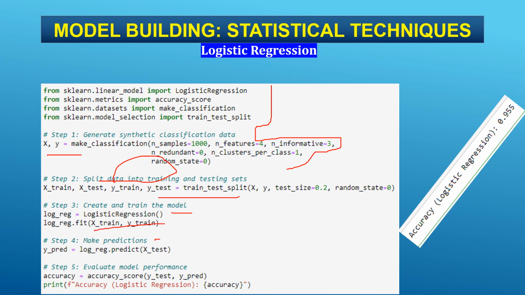Make predictions: use the trained model to predict classes, y_pred, on X_test. Evaluate model performance: assess the accuracy of the model using accuracy score, comparing predicted classes y_pred and y_test, providing a measure of the model's predictive power.